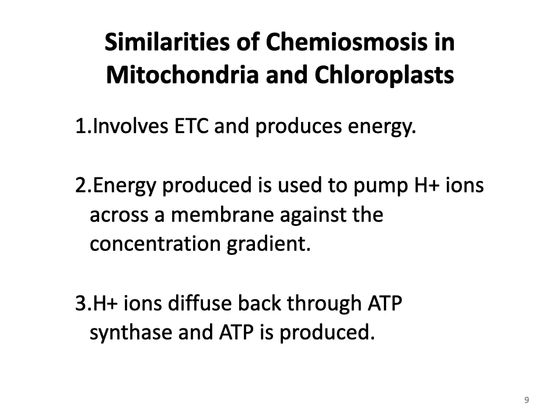And this energy is used to pump H+ ions across the membrane against the concentration gradient. And as the H+ ions diffuse back across the membrane, they come in through ATP synthase and ATP is produced. So in mitochondria, this part is called oxidative phosphorylation, while in chloroplasts, this is called photophosphorylation.